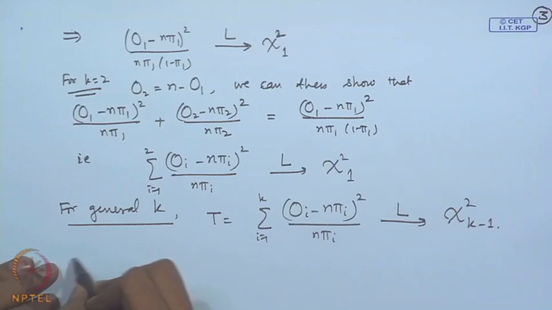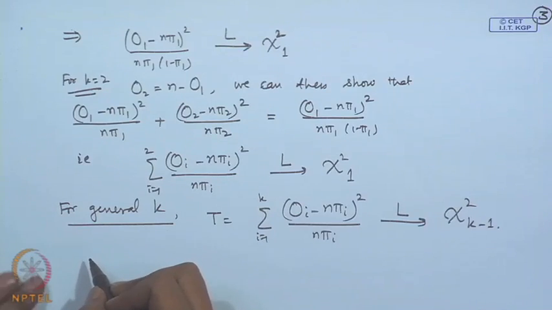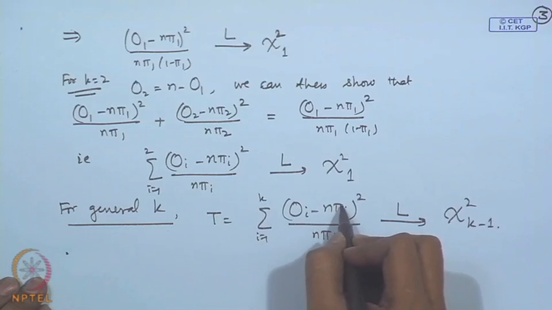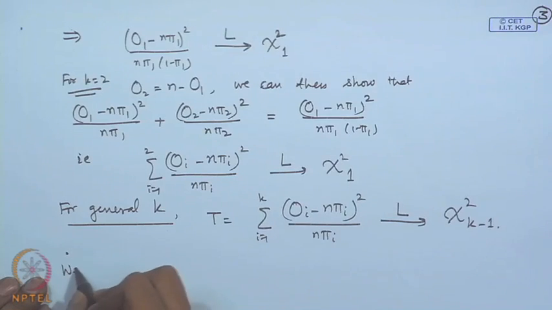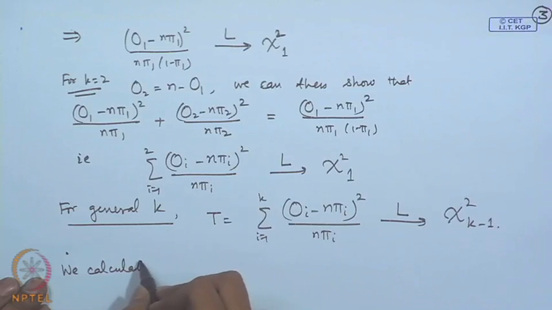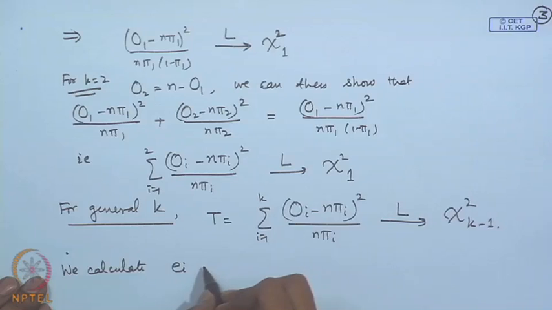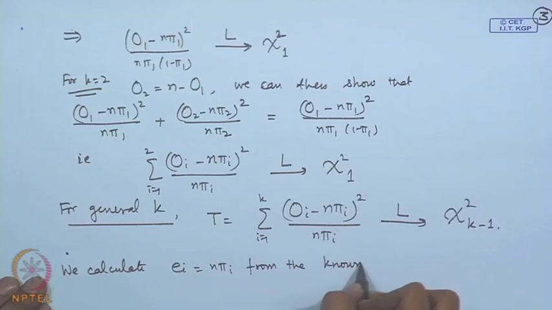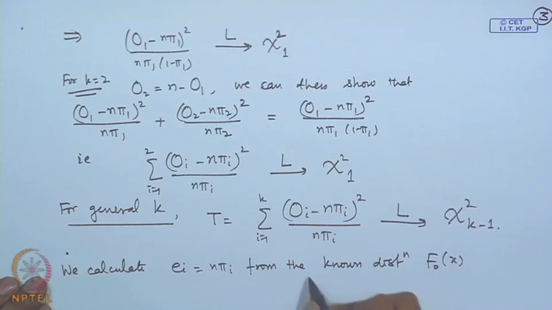Now, these pi i's are the theoretical probabilities, we calculate these Ei's, that is equal to n pii, from the known distribution f naught x, that is under H naught.